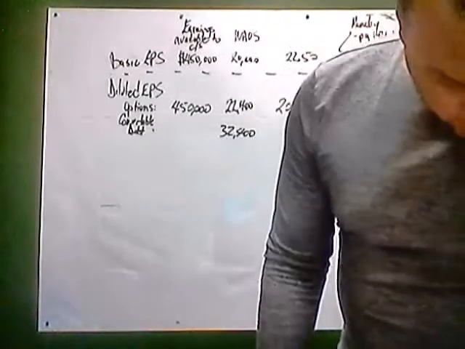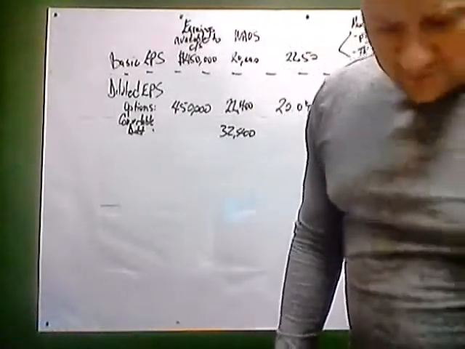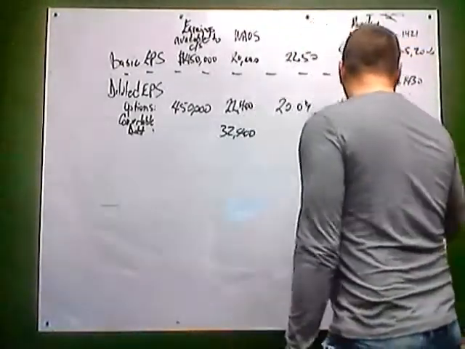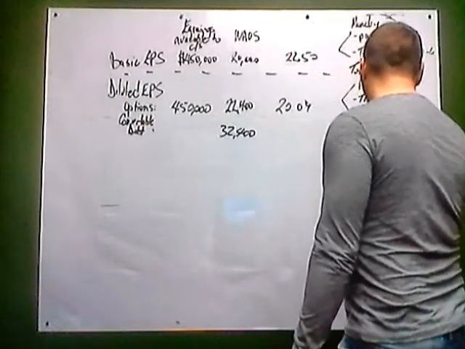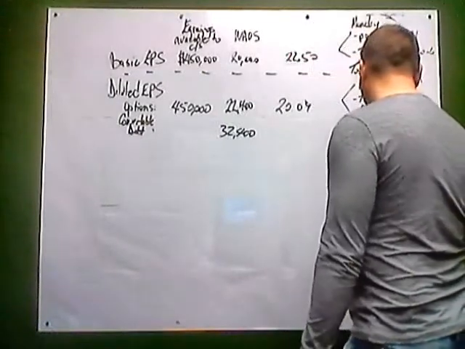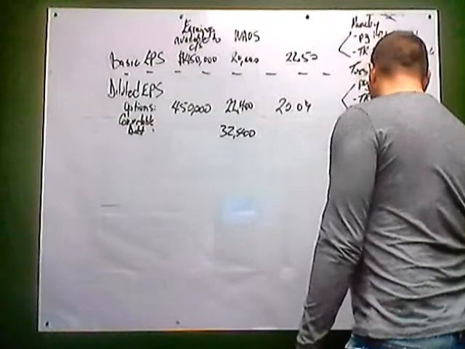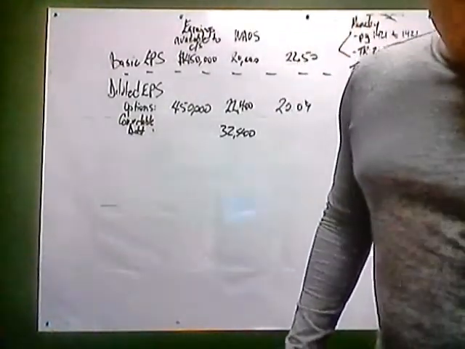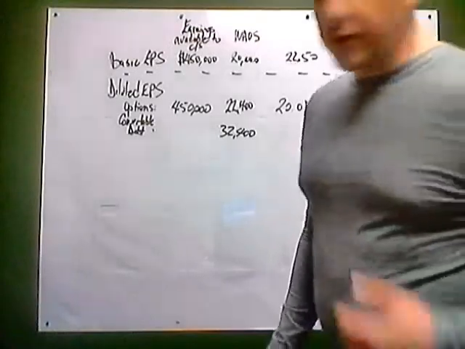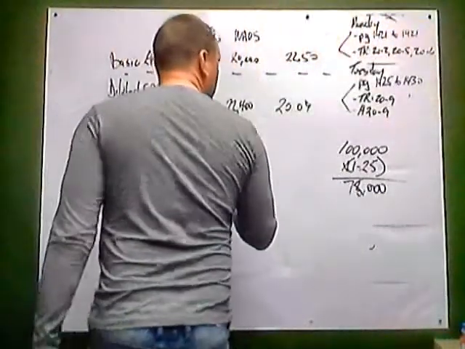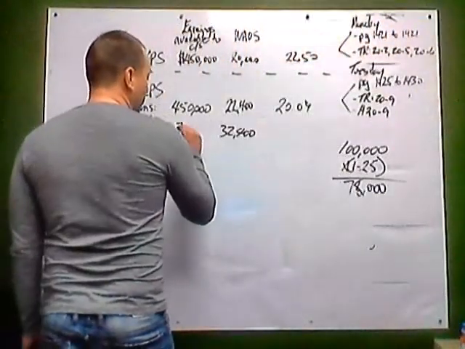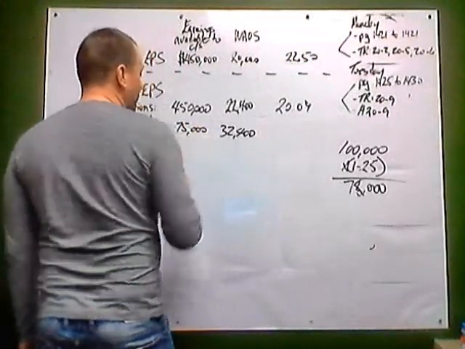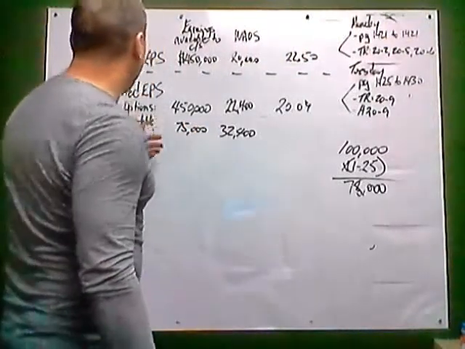So the tax rate in this case is 25%. As a result, we will have an interest savings of $75,000. Okay, so now you can see what's happening, right?